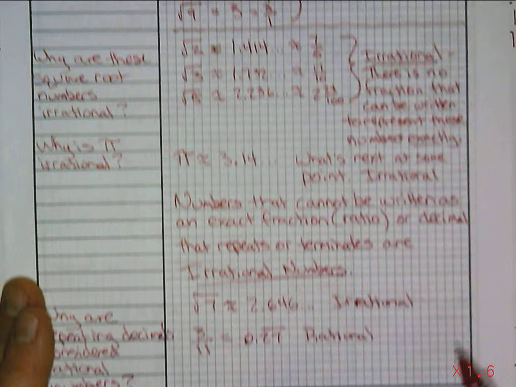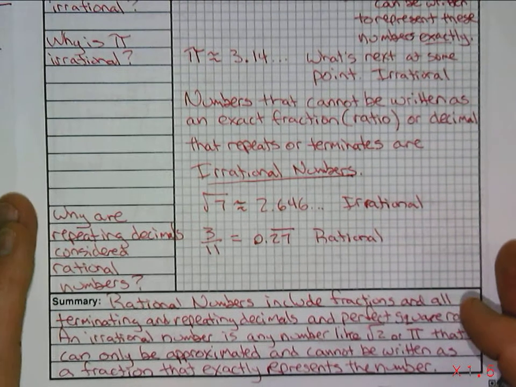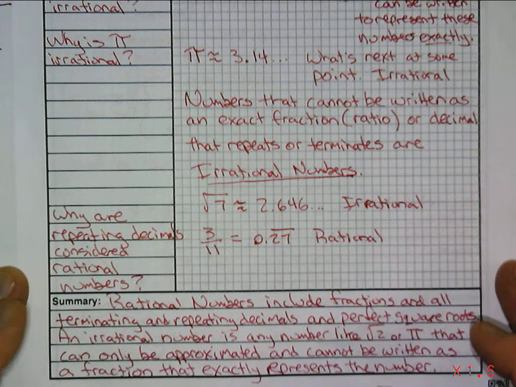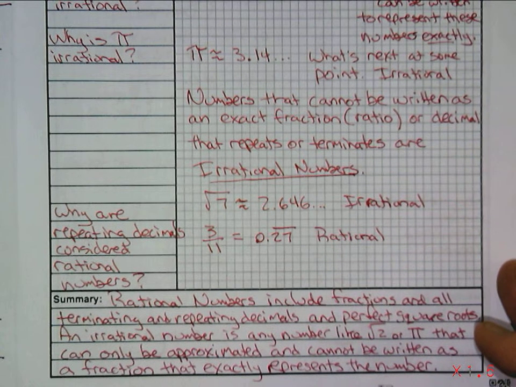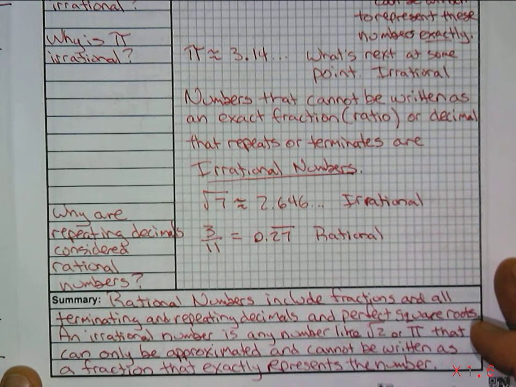And so rational numbers include fractions and all terminating and repeating decimals and the perfect square roots, because an irrational number is any number like the square root of 2 or pi that can only be approximated and cannot be written as a fraction that exactly represents the number.